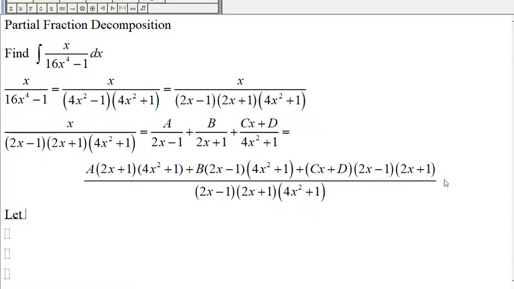And so first, let x be 1/2. If we put 1/2 in here, 2 times 1/2 is 0, and so that makes this part 0, and this part 0.